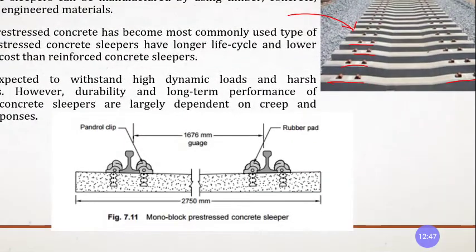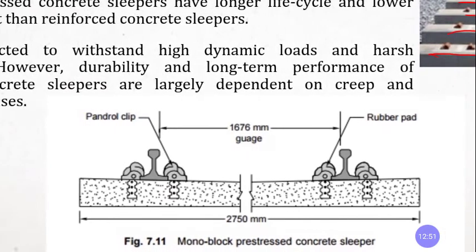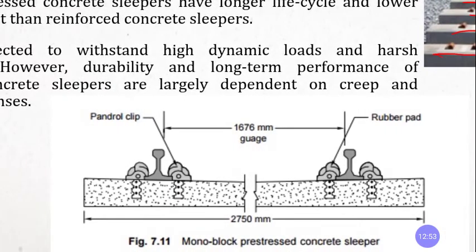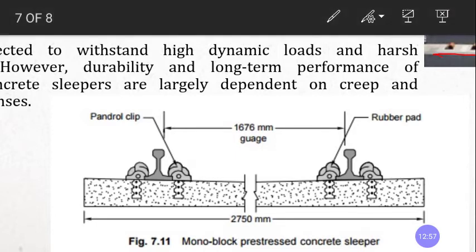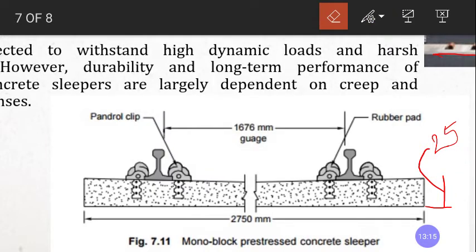This is your gauge and this is the length of the sleeper. What is the length of the sleeper? The thickness is 25 mm, right?